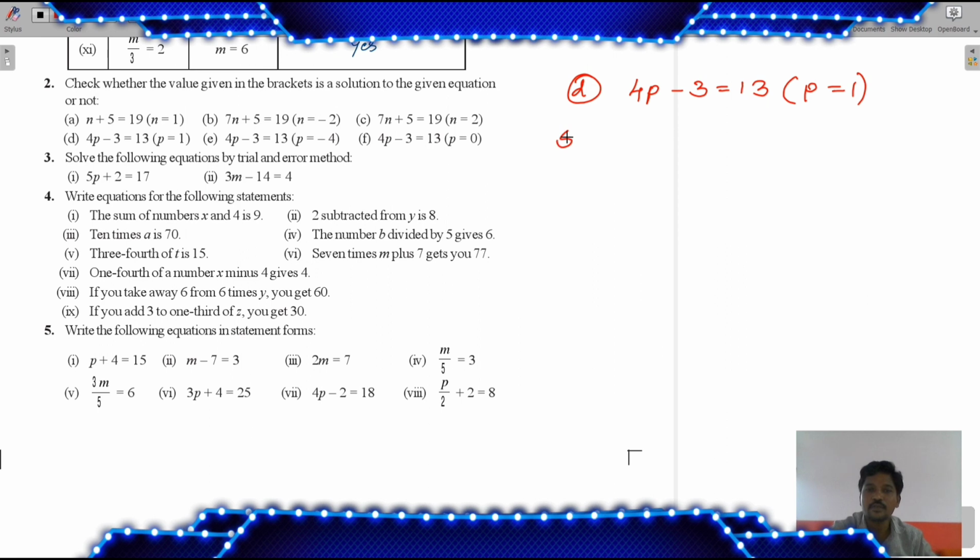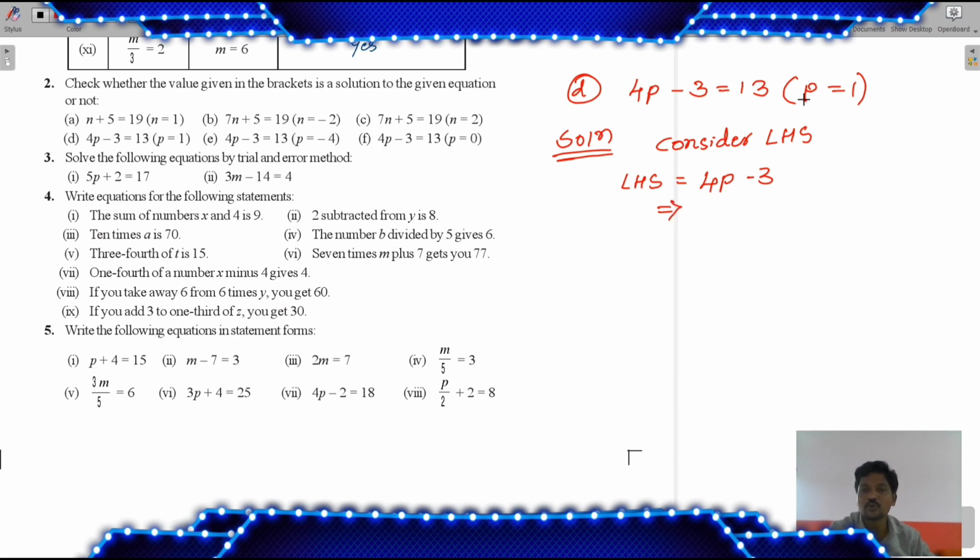Solution: we need to substitute p equals 1 in the LHS. Consider LHS, that is 4p minus 3.